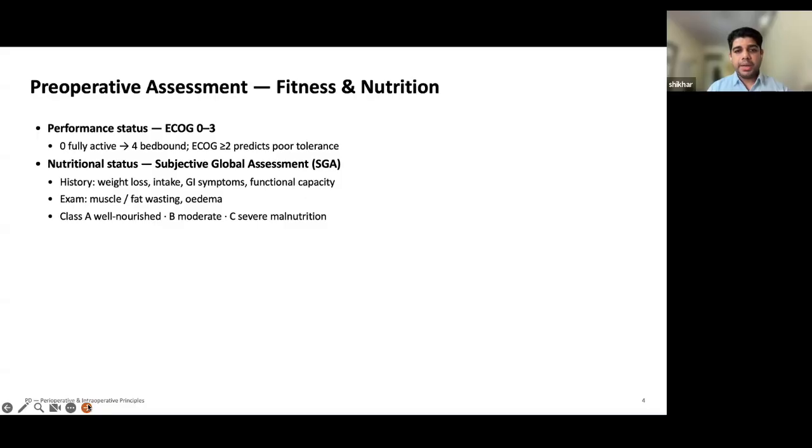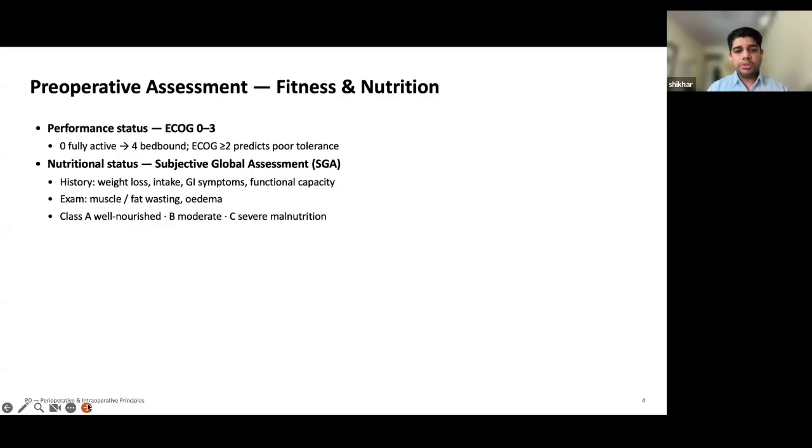Class A includes the well-nourished patients, and in these we can directly proceed with the surgery. In class B, in which the nutritional status is moderate, the patient requires prehabilitation, and usually for 2 to 4 weeks we keep these patients in a prehabilitation group.